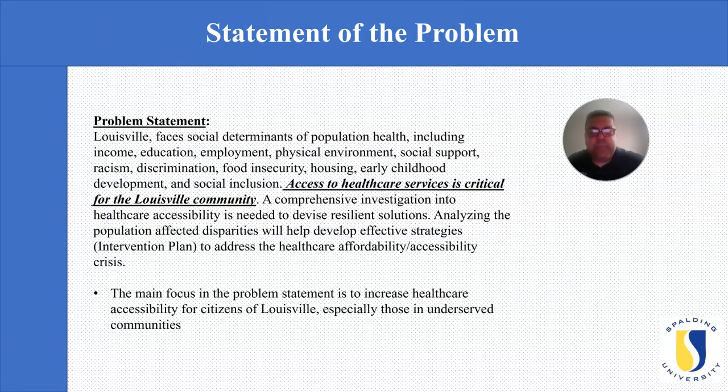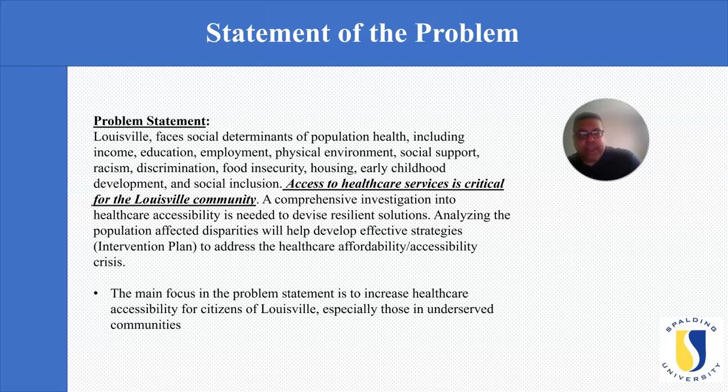So the problem statement is Louisville faces social determinants of population health. And I'd like to take your attention down to access to healthcare services is critical for the Louisville community. So a comprehensive investigation into healthcare accessibility is needed to devise resilient solutions.